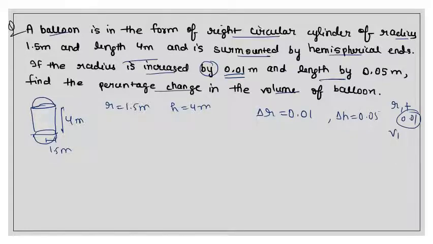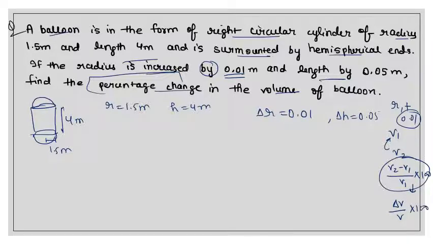So initially if you had V1 as volume and now it becomes V2, then the change, that means V2 minus V1, because you have to find out the percentage change. So initial volume in denominator into 100. This is what you have to find out, correct? That means we can write it as del V by V into 100, correct? Because del is change. So how we can calculate it?